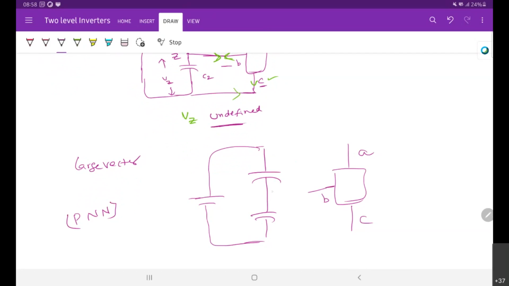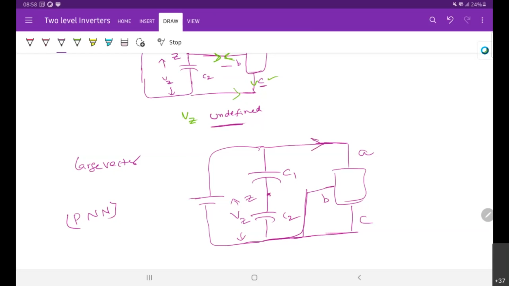So how are P and N connected? P is positive, N is connected to this negative, and this is connected to this negative. Is that clear? So this is C1, C2.